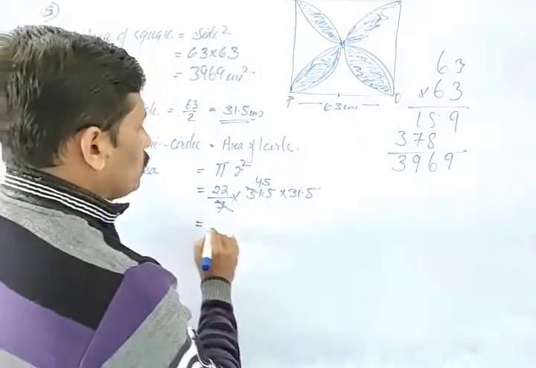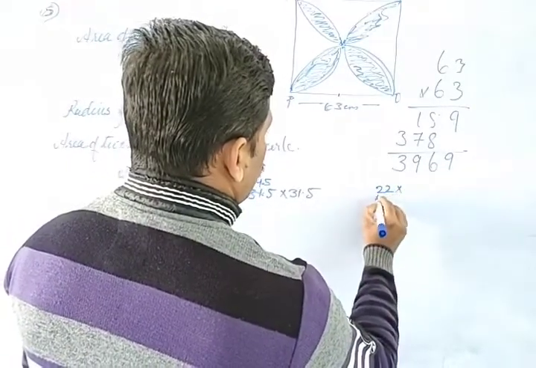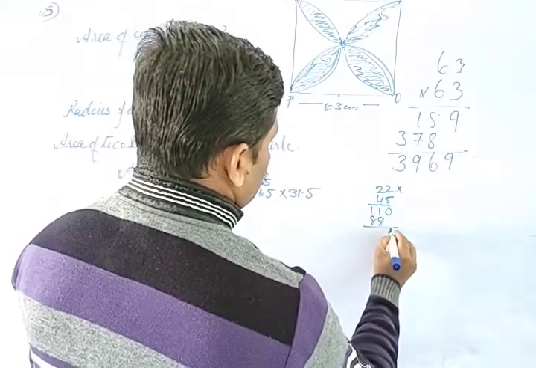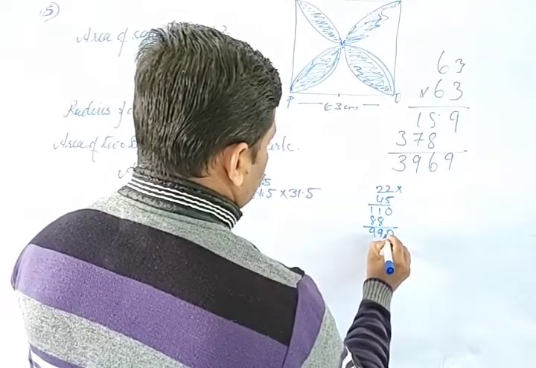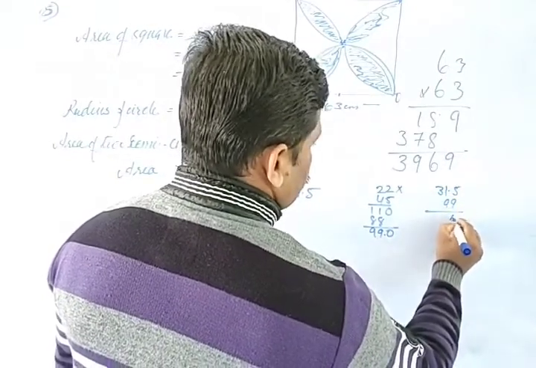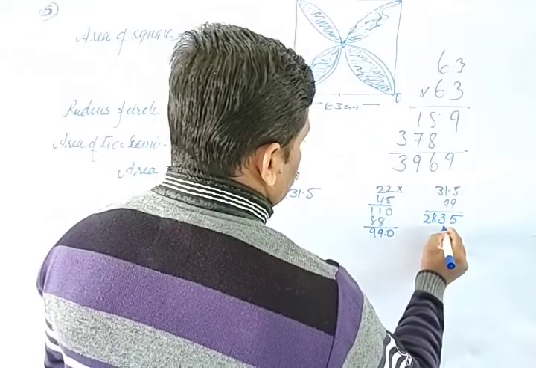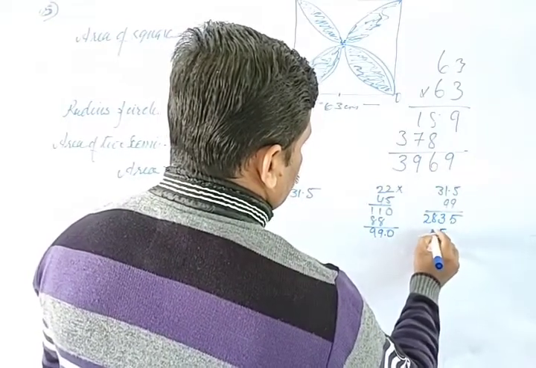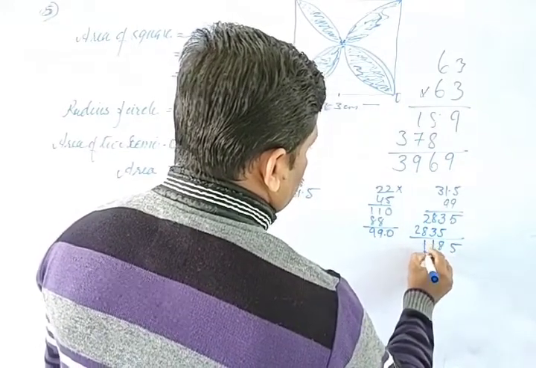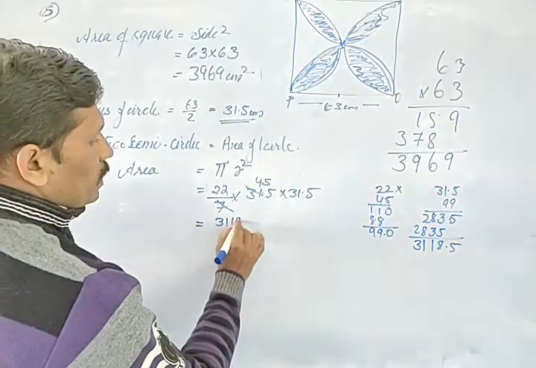So we multiply it: 22 into 4.5 is 99, then 31.5 into 99 equals 3,118.5.